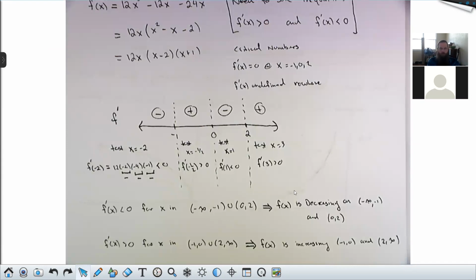When we talk about intervals on which we are increasing or decreasing, we always use open intervals, because at the points where we change from one to the other, it doesn't make sense to say that we're doing either. As I run over the top of a hill, you're running up the hill, you're running up the hill, and at that moment when you crest the top of the hill, you're not going up anymore. You're also not going down yet. You are in transition. And that's why we always use open intervals for these.